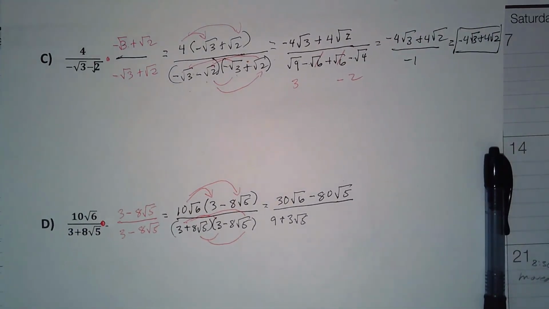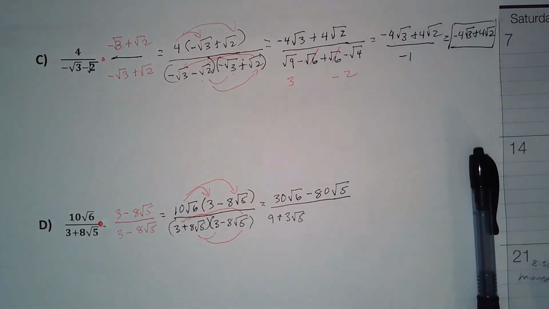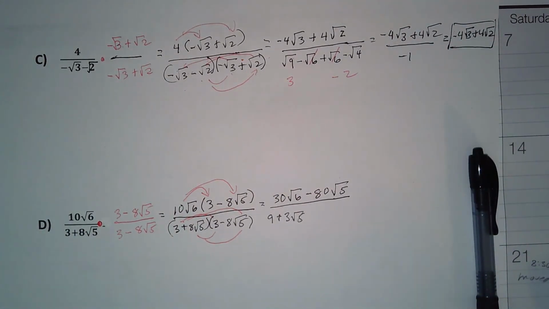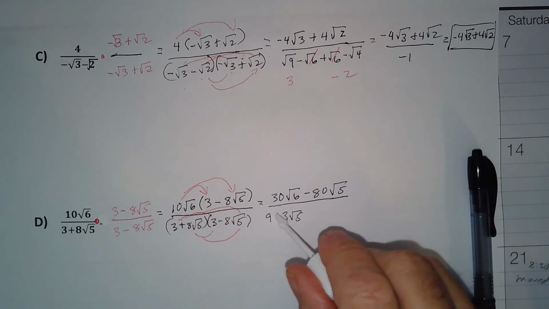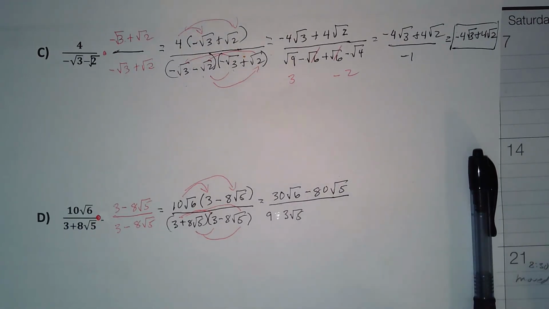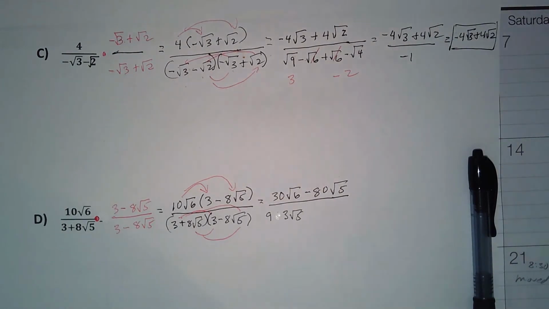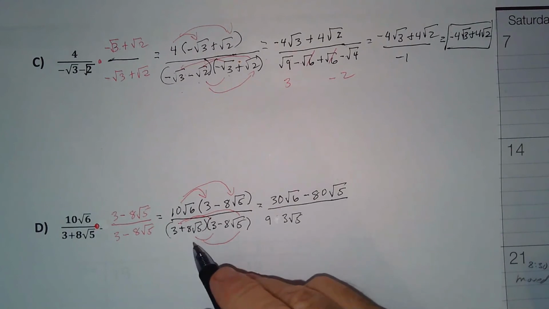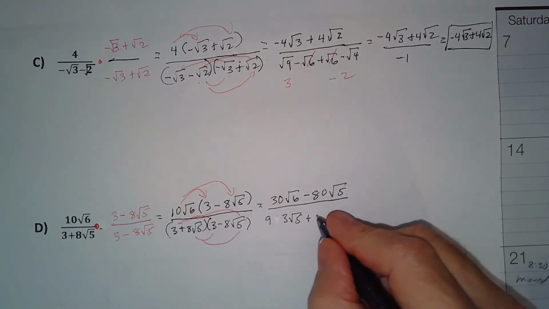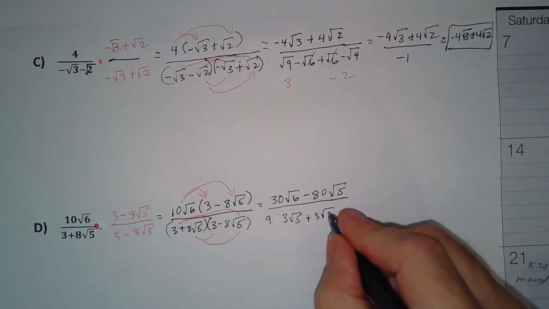So let's change that sign to negative. We'll let that dry for a little bit. And then 3 times positive 8 square root of 5 is positive 3 square root of 5.